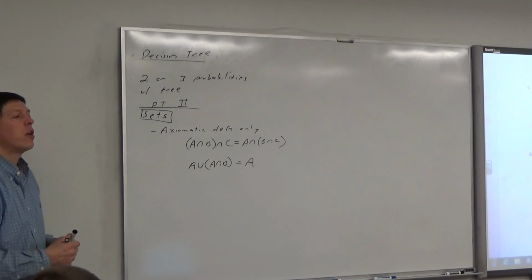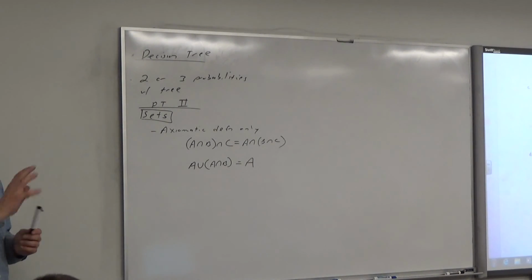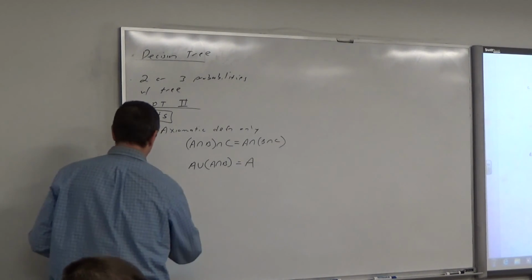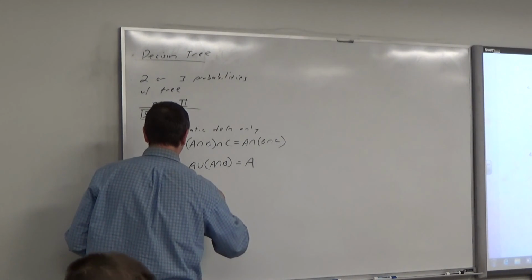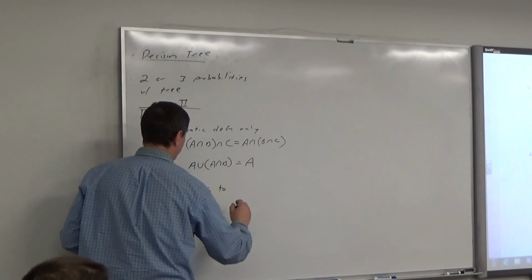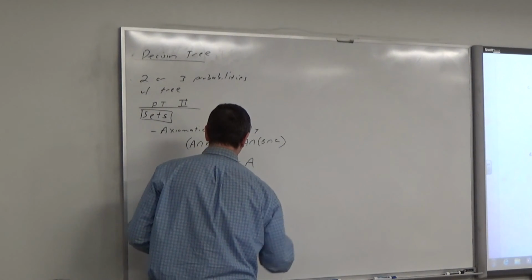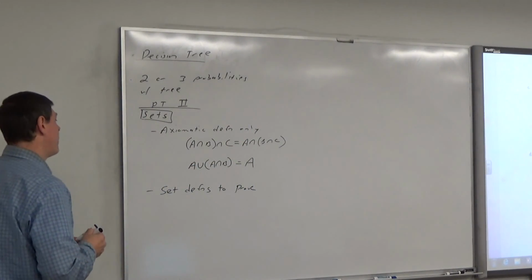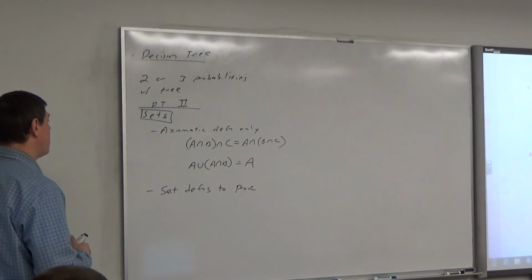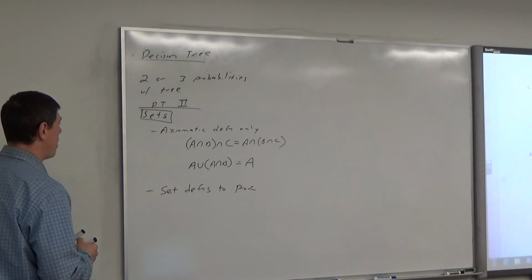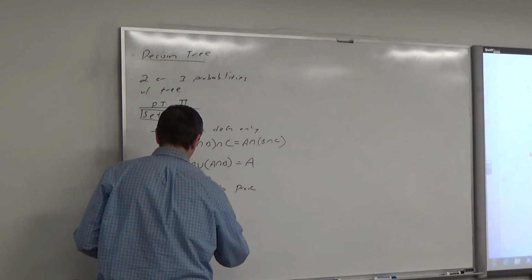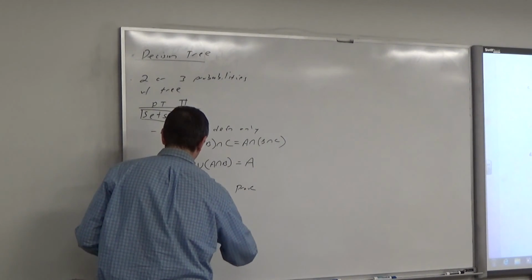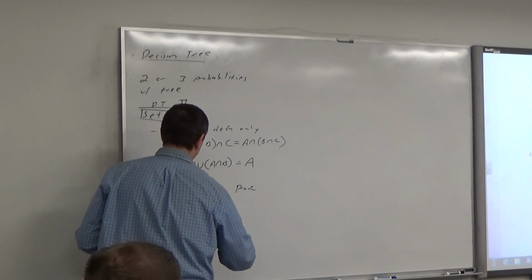All right, and then I'll give you one where you just use the set definitions. I'm trying to think of one that we did in class or for homework. I don't know if this works, so don't go home and say, I tried that, it didn't work.